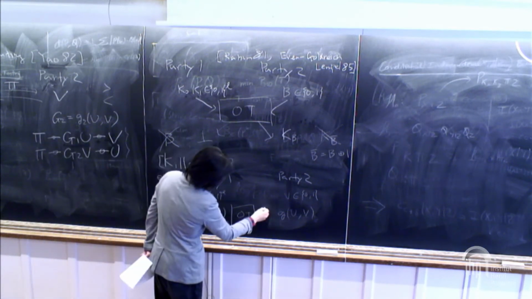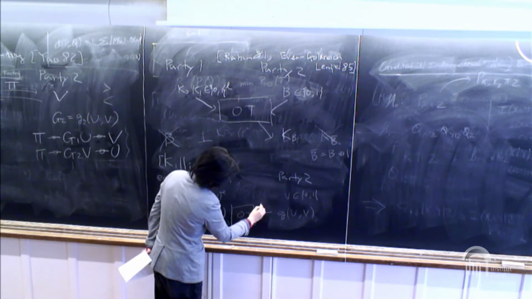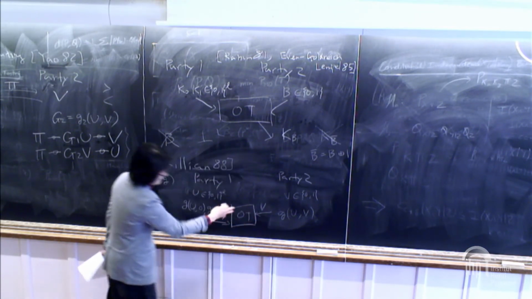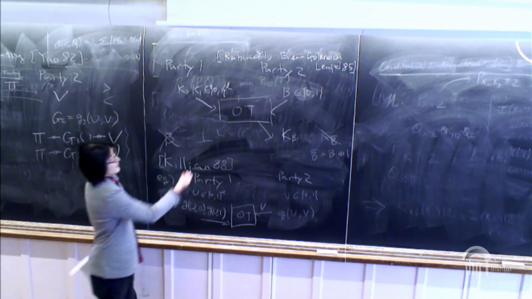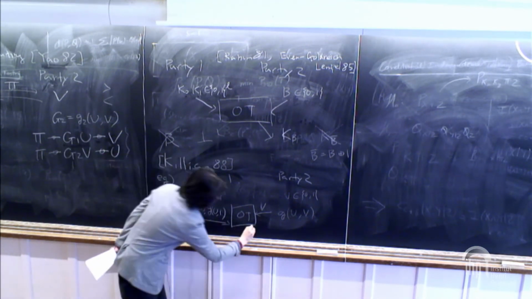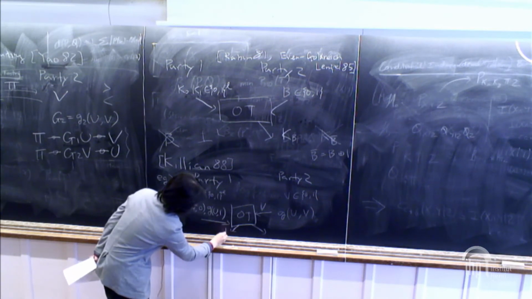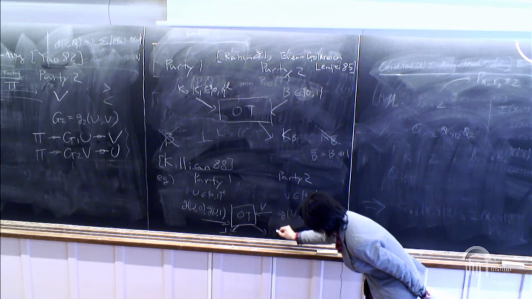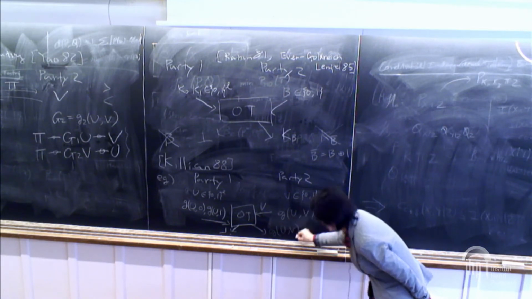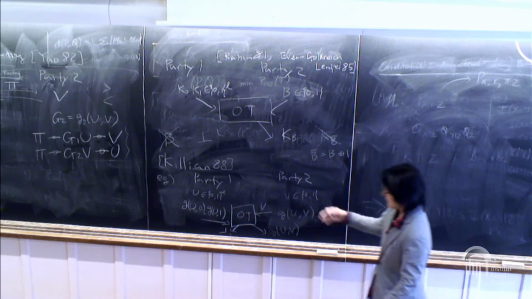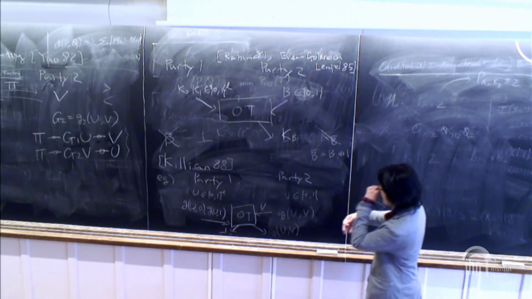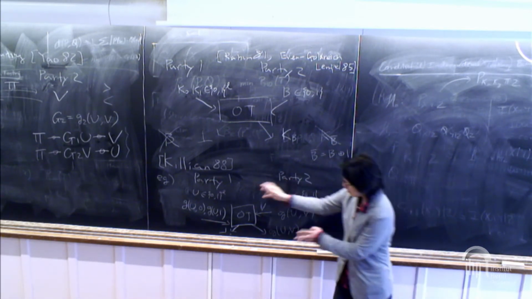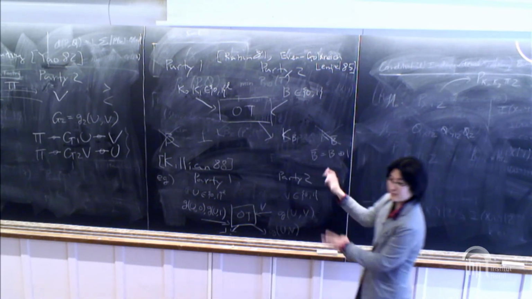On the other hand, the second party inputs v to this oblivious transfer. Then the oblivious transfer automatically outputs nothing on this side, and on this side automatically outputs g of u and v. So this is the rough idea of how we use oblivious transfer to compute some other function. Pre-compute at one end and use oblivious transfer.